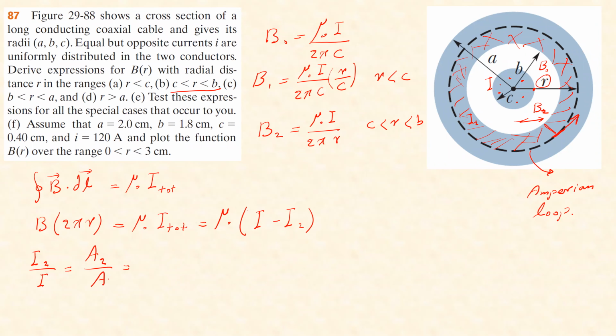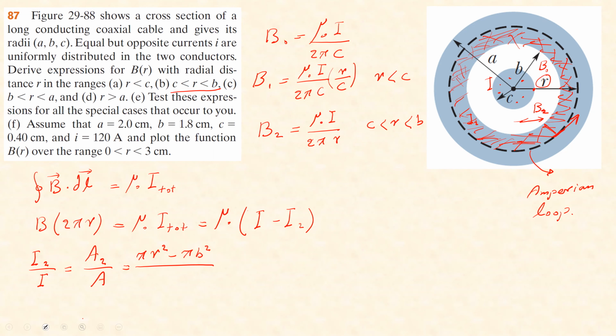So what is A2? What is the area of that part that I shaded? What is the area of that? 2 pi r minus 2 pi b. Very good, but not 2 pi r. We are talking area. Try again. Pi r squared, sorry, minus pi b squared. Pi r squared minus pi b squared.